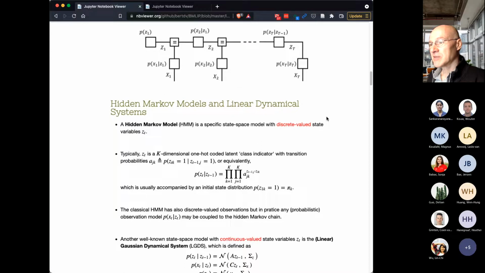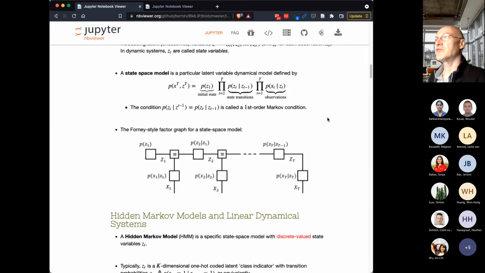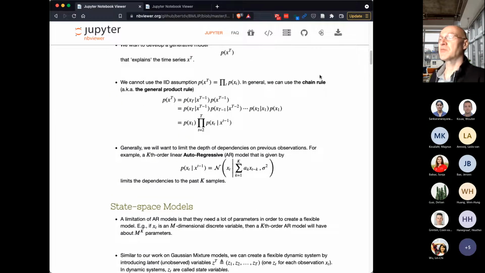Yeah, so generally, I'm going to build now a model for my whole sequence, P of x1 through x capital T. And I'm going to break that down into factors, and then I'm going to write down an equation for each factor, let's say a Gaussian or whatever.